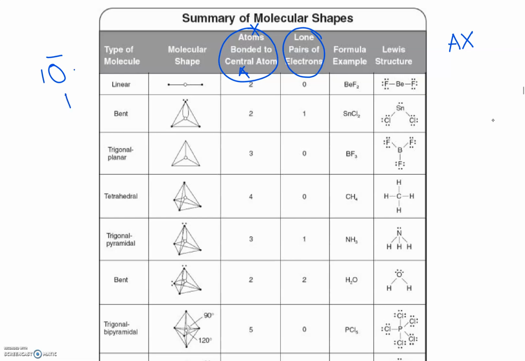So if it is the central atom, let's take the example of water, H2O. It has 2 lone pairs of electrons, so electrons E, it has 2E. And in this case, 2 peripheral atoms, or atoms bonded to the central atom, so it is AX2E2. And we will see what is the shape of each one.